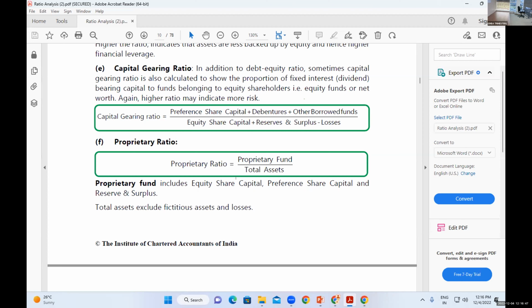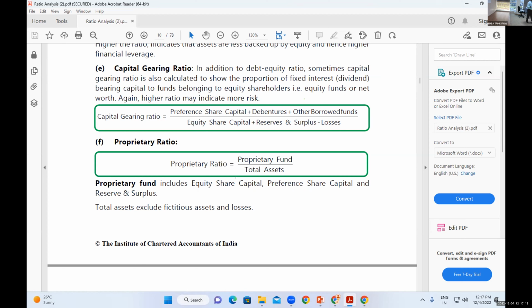You borrow a loan from a bank, take money from deposit holders, or from preference shareholders. All these people will not worry about your profits. They need a fixed rate of return, 5% or 6%. Normally the rate of interest will be less, because they need it irrespective of profit or loss.